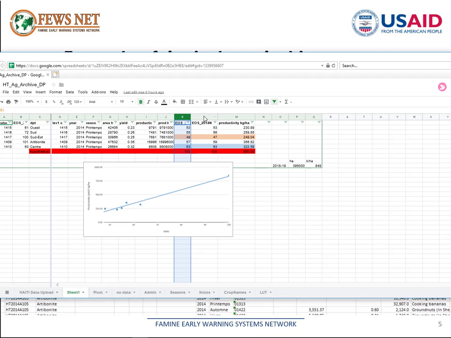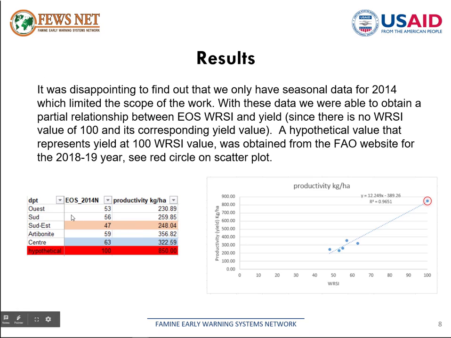And then this one was the same, but I reclassified those values to no data. So we are keeping the WRSI values, and this is the productivity in kilograms per hectare, and that's the department. So that's how we are doing the analysis.